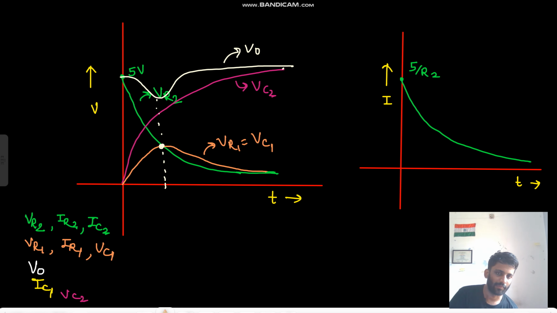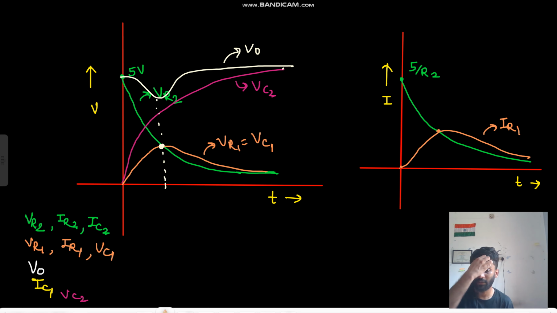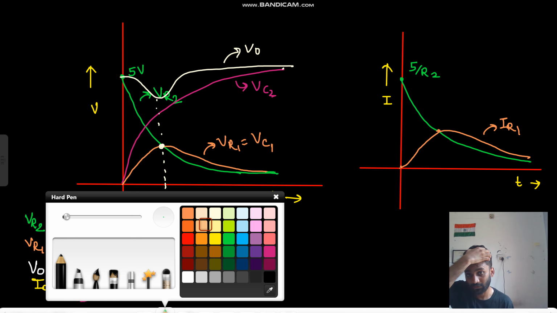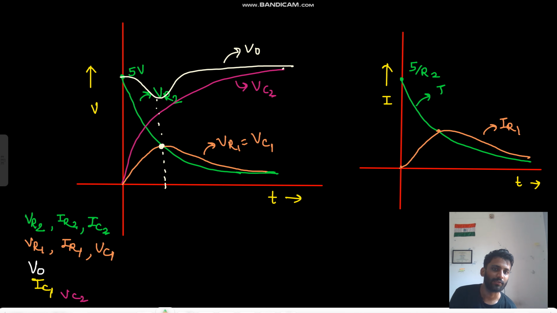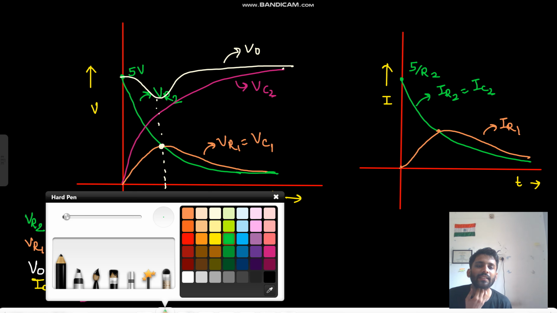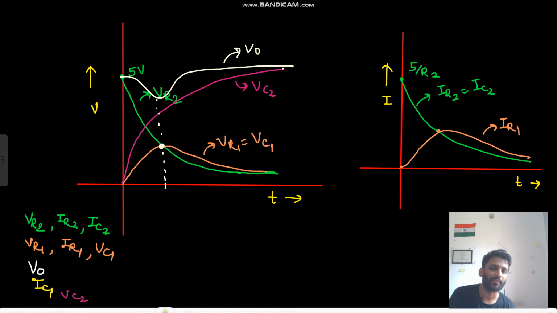It will be completely the same, and at this point it will reach its maximum value. So this will be your IR1, and this was your IR2 equal to IC2. And talking about IC1, this was the point at which it was equal.